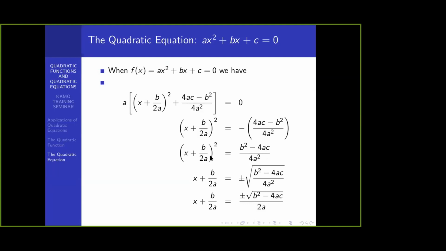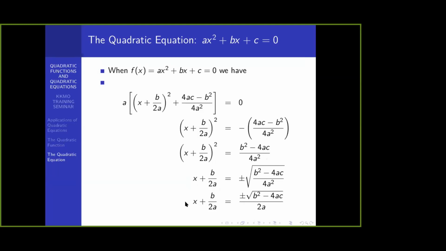We take the square roots on both ends, and we have x plus b over 2a will be plus or minus the square root of b squared minus 4ac over 4a squared. Now the square root of 4a squared is 2a, so we can simplify that, and we keep b squared minus 4ac under the square root sign. And on the other end, we still have x plus b over 2a.